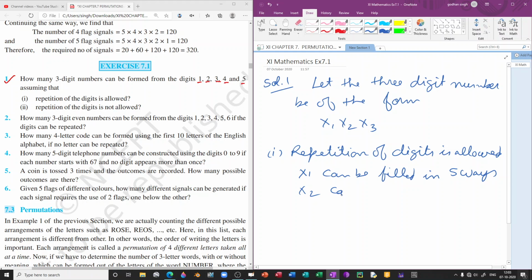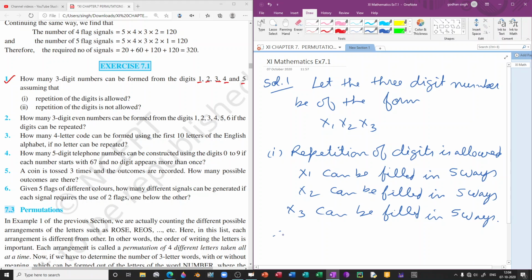So x2 can be filled in 5 ways. And what about x3? For x3 also, there is no restriction that it cannot be filled by any of the digits. So there are 5 digits, therefore x3 can also be filled in 5 ways.